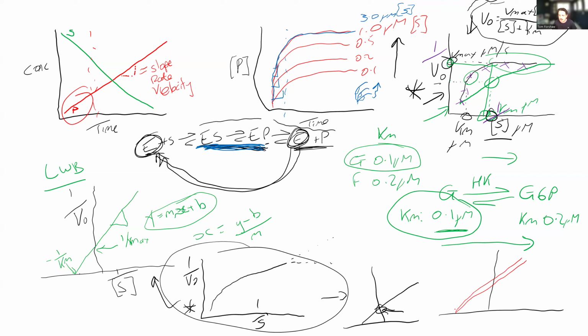And if we were to plot the change in initial velocity at different substrate concentrations, at different concentrations of chemical inhibitor, concentration 1, 2, and 3. So that means that we do 3 sets of reactions, one with substrate plus enzyme, and then measuring the product over time.